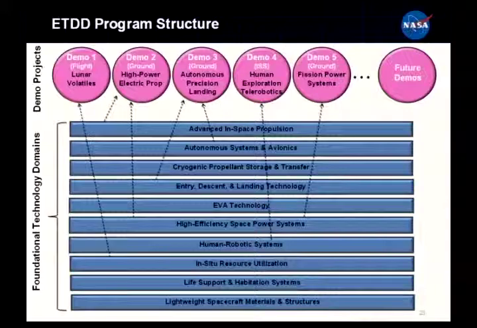And then those projects would end, and we'd start another set of projects. So the initial set of projects involves in-situ resource utilization, high-power electric propulsion, autonomous precision landing, telerobotic operation, and fission power systems. And I'll describe those more in a few minutes.